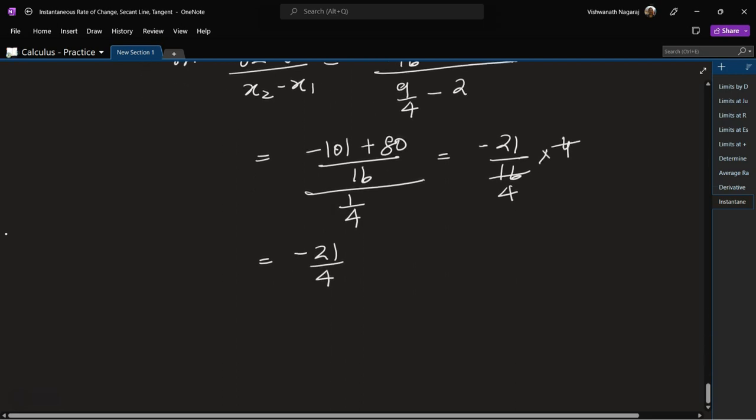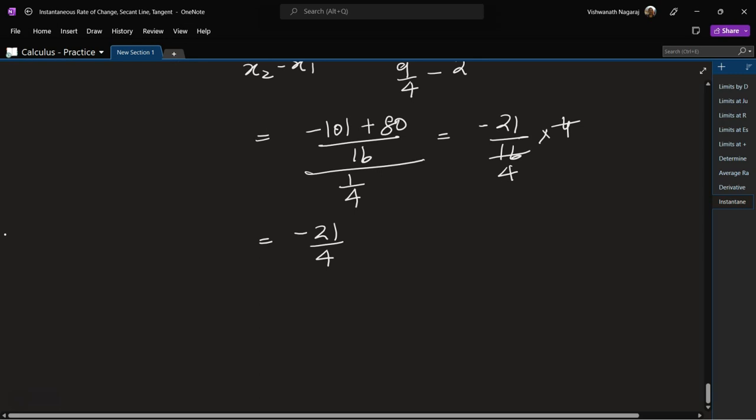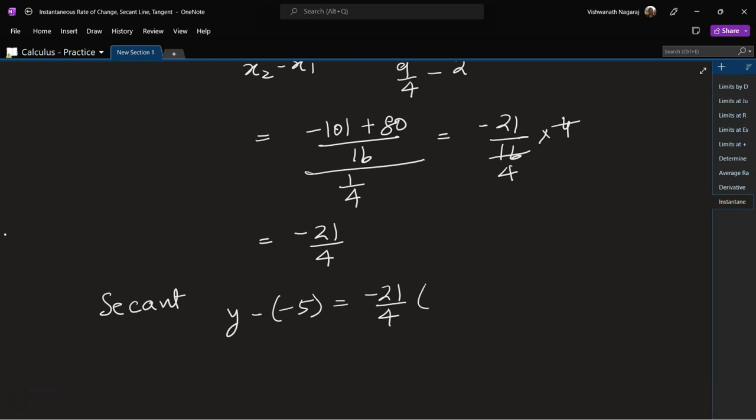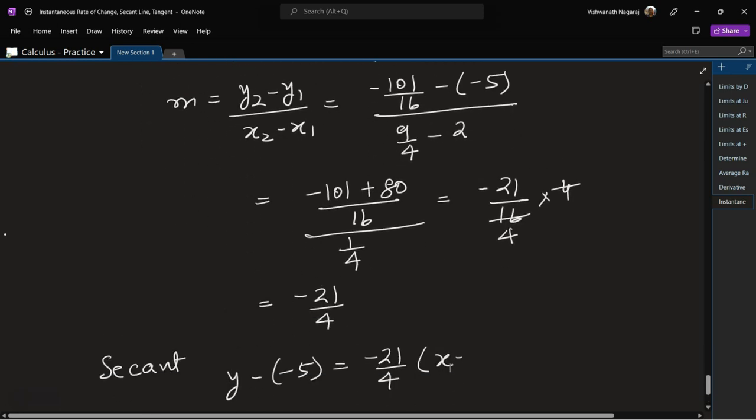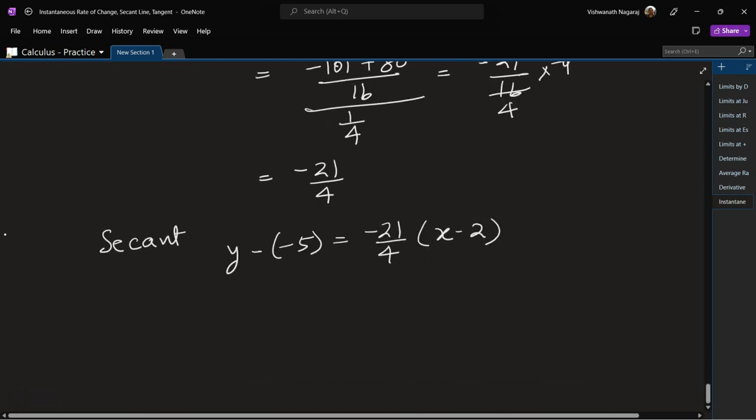So we have 2 points and we have a slope. Choose any one point and the slope, and we can write the secant line equation. So y minus y1, let's say, that is minus 5 is equal to minus 21 by 4 times x minus x1. x1 is 2. So y1 was minus 5, x1 is 2.